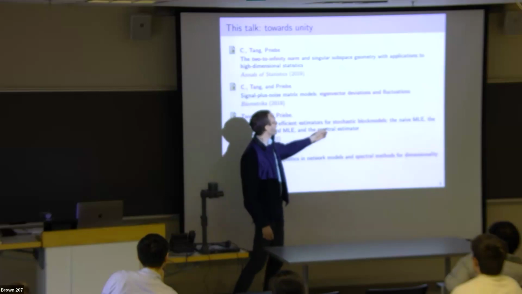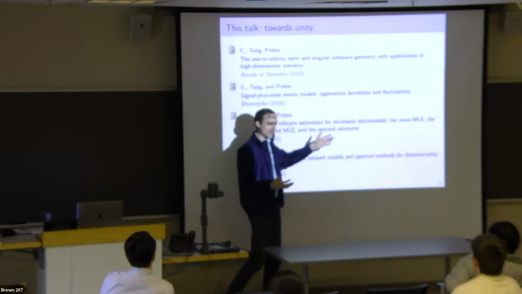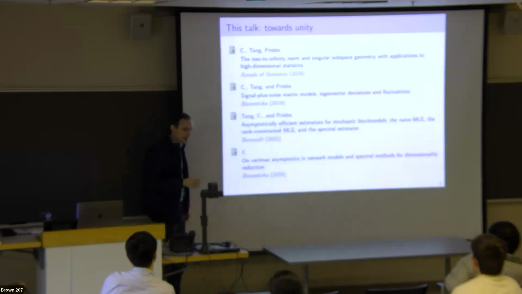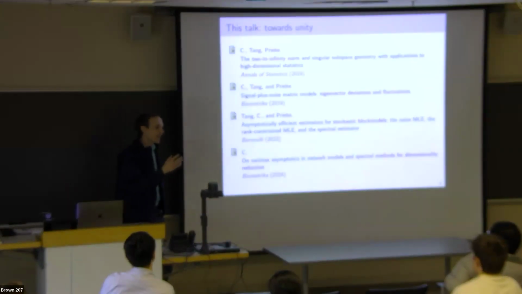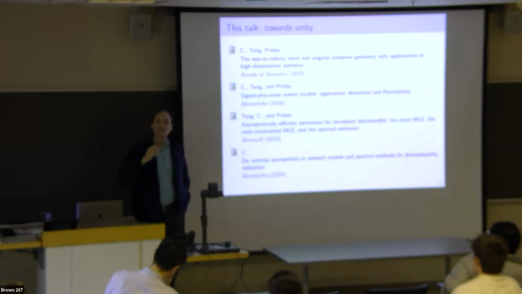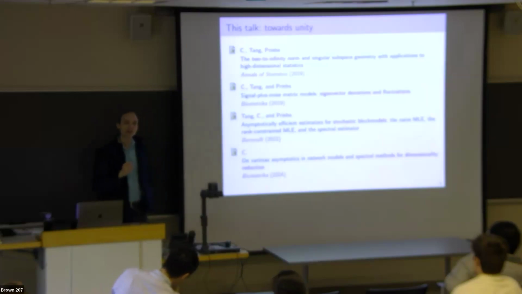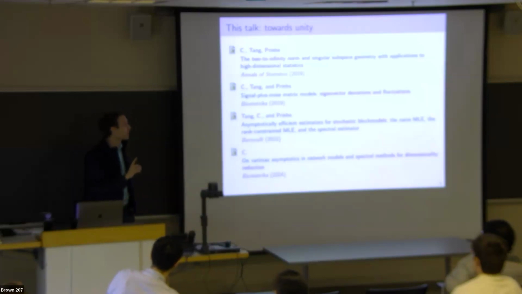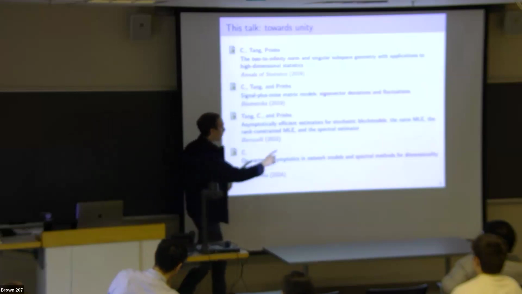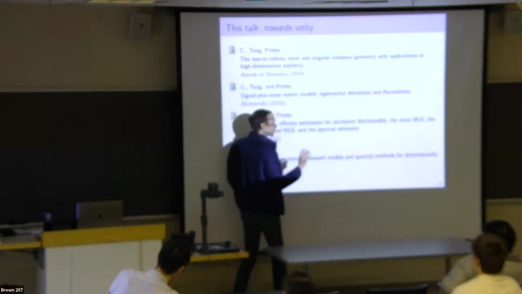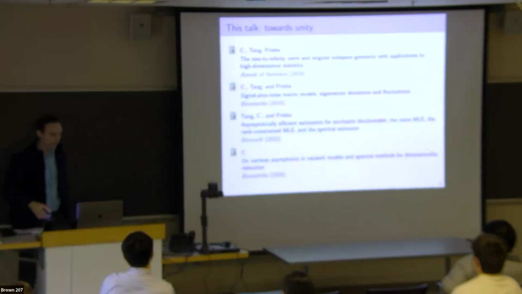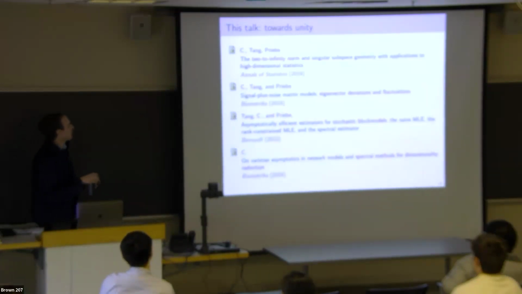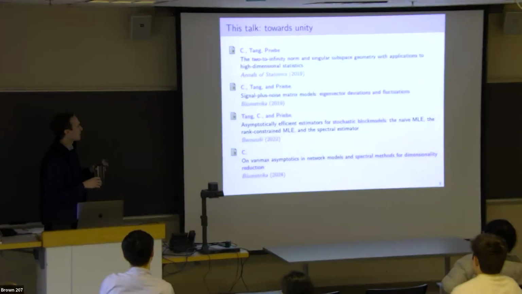I'm going to introduce a network model called stochastic block model as a very simple but yet rich stochastic model for networks that lets us really understand dimensionality reduction at a deep level using spectral methods. Okay, and that really gets at this final point here, spectral methods for dimensionality reduction. All of these are already published and available, so everything on the slides is basically complementary to these.